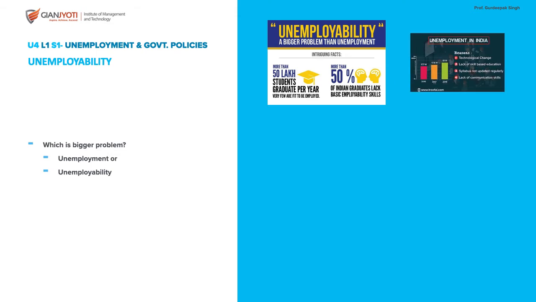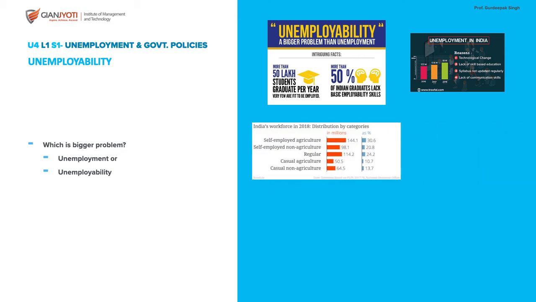What are the reasons for unemployment, especially in the educated youth? Technological changes, which are very fast now, lack of skill-based education, syllabus not updated, and lack of communication skills. These are the four major reasons as per the census.